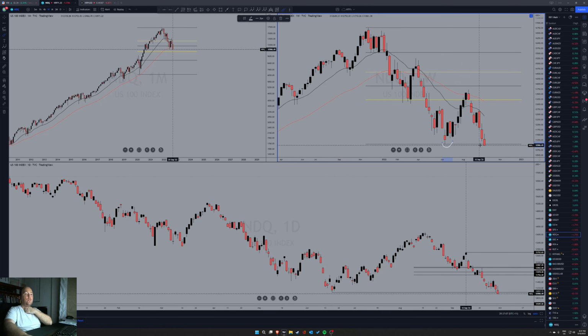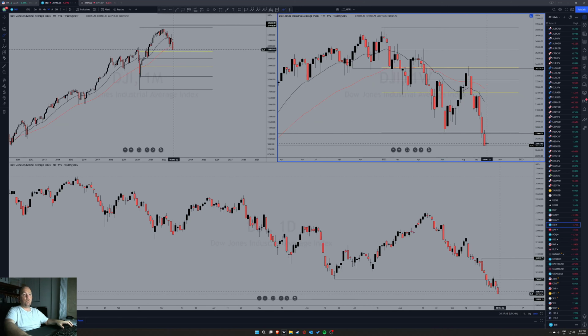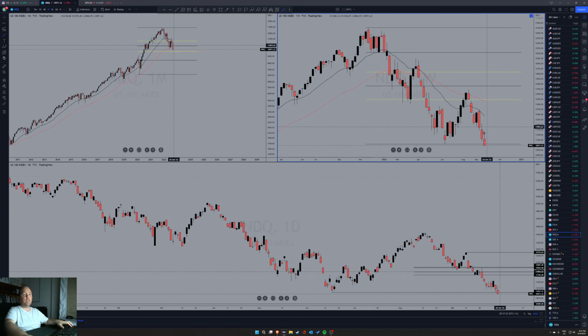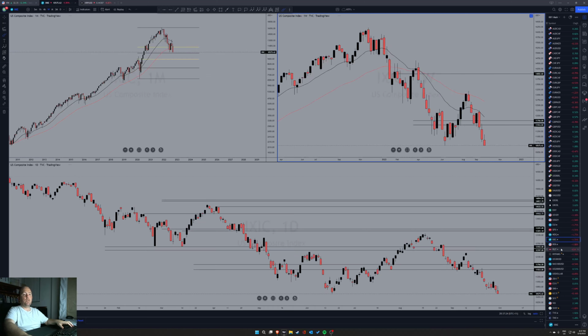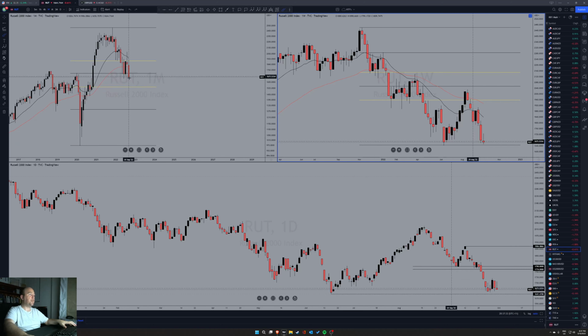Previous swing low, close lower. Previous swing low, close lower. Previous swing low, close much lower. This is the Dow. So that's leading by the look of it. Russell hasn't broken yet. Swing low, break it tonight, I'd say. Especially with that close on a monthly.